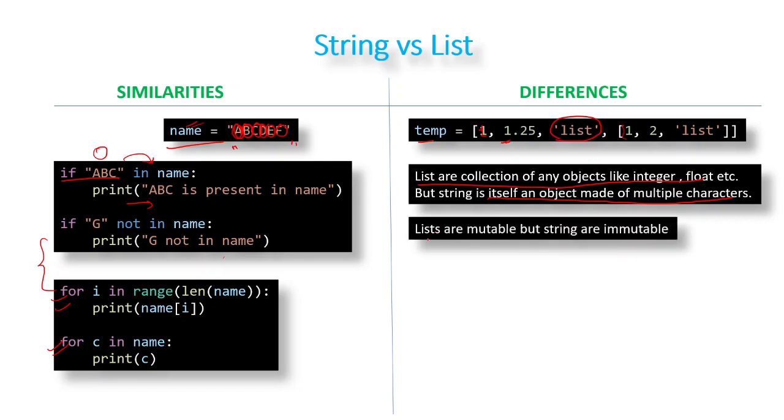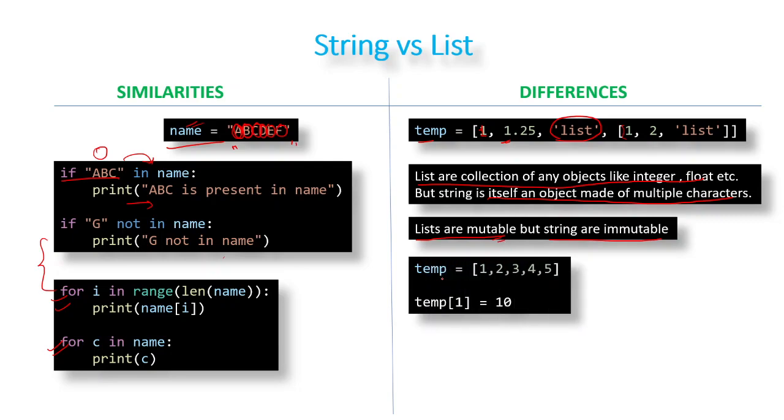Now let's see. What are lists? Lists are mutable, but strings are immutable. What does this mean? Suppose we have this particular list 1 2 3 4 5, then you can directly replace the value at this particular index, that is 1, with the value of 10. If you perform this, the new resultant list will be 1 10 3 4 5.